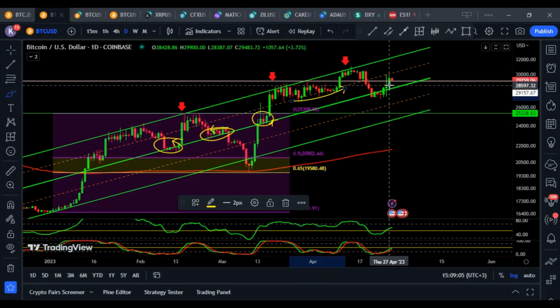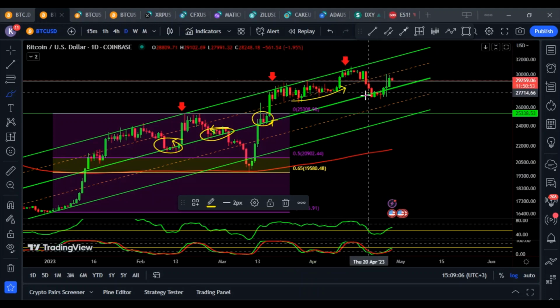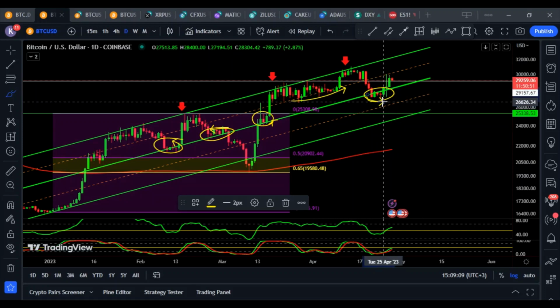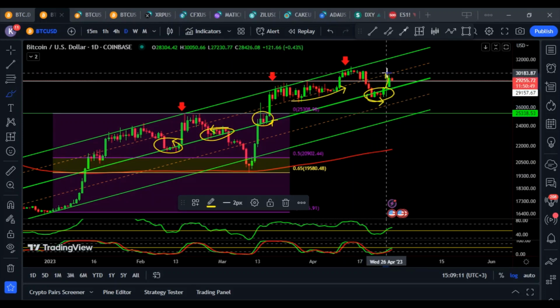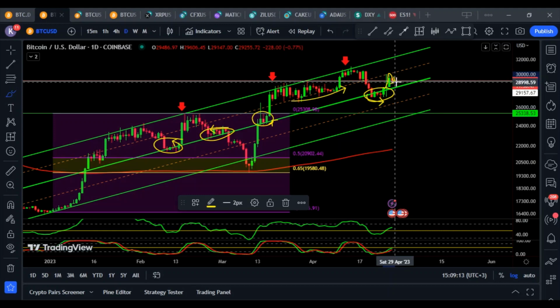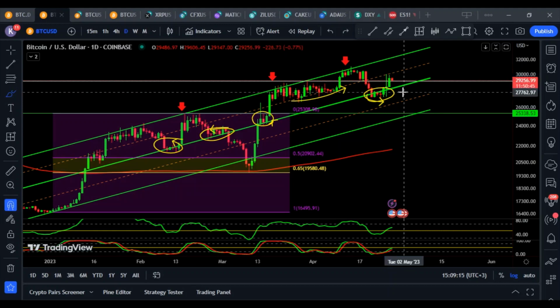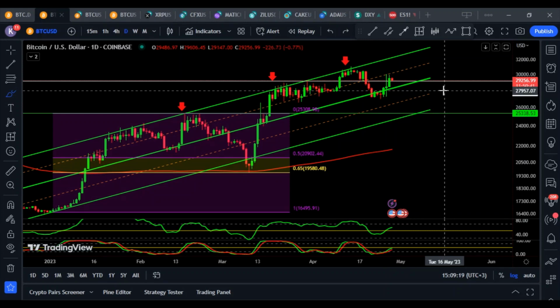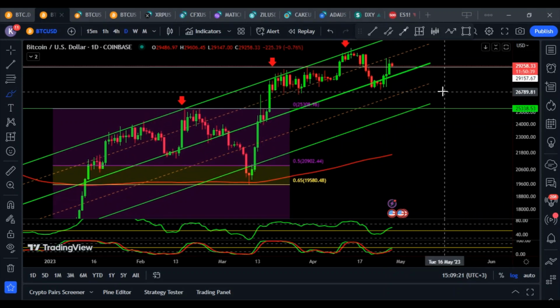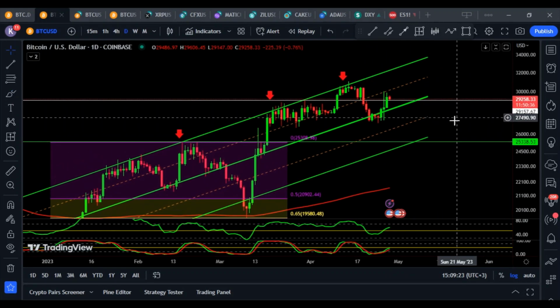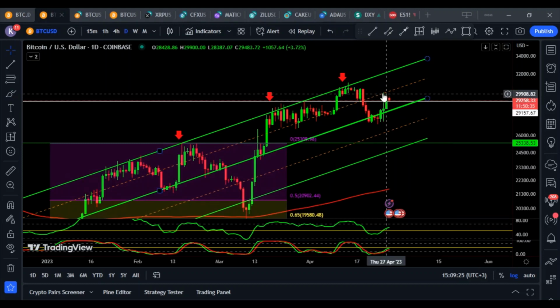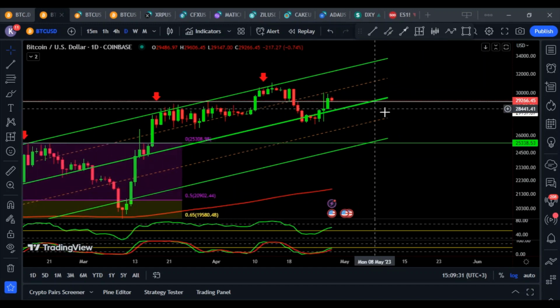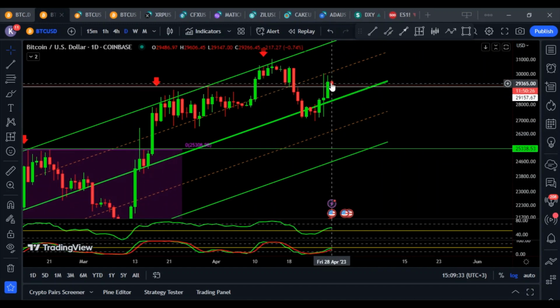And again, one more time, we were supported by the bottom, pushed all the way into the middle, came back, and now we're retesting this white trend line, and it is acting as a support. So this acted as a resistance to the dollar. Again, here rejected, came back down, retesting this white line as a support.